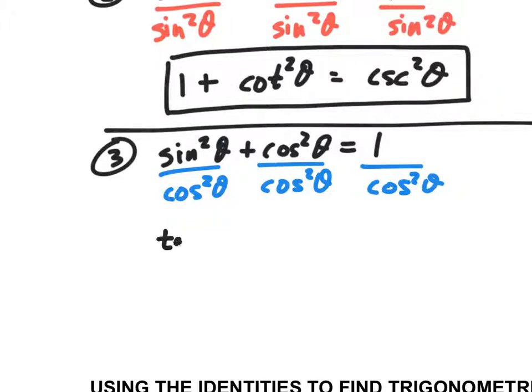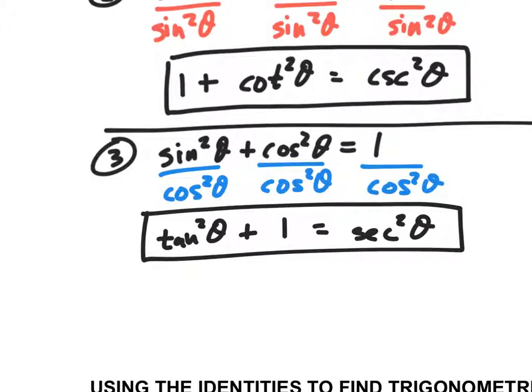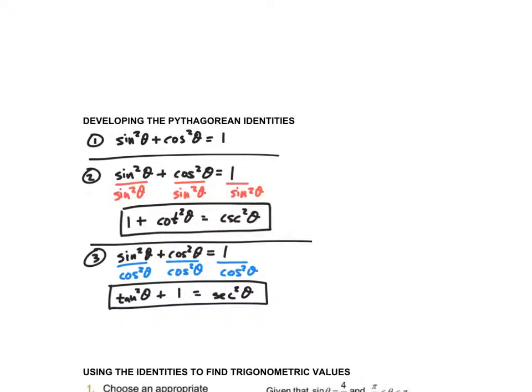So this is going to be tangent squared theta plus 1 is equal to 1 over cosine squared theta, which is just going to give me secant squared theta. So that's my other Pythagorean identity. So I've got these 3 identities that we can use. We'll use them as need be, and we'll go over that more in the next few sections.